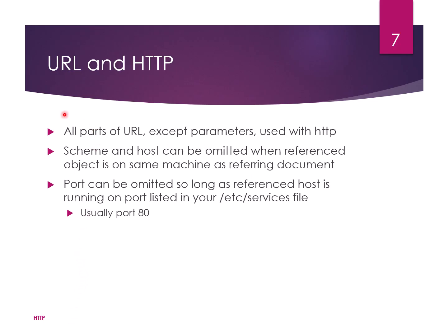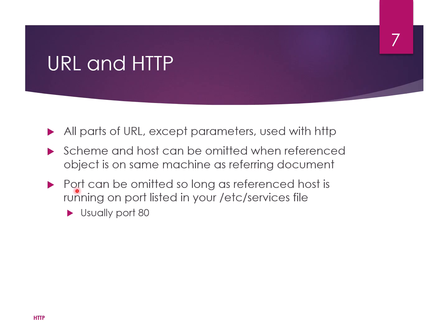Next is URL and HTTP. All parts of a URL except for parameters are typically used with the HTTP protocol. A scheme and host can be left out if the referenced object is on the same machine as the referring document.